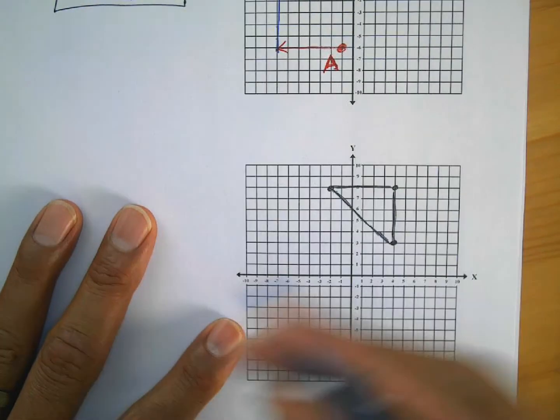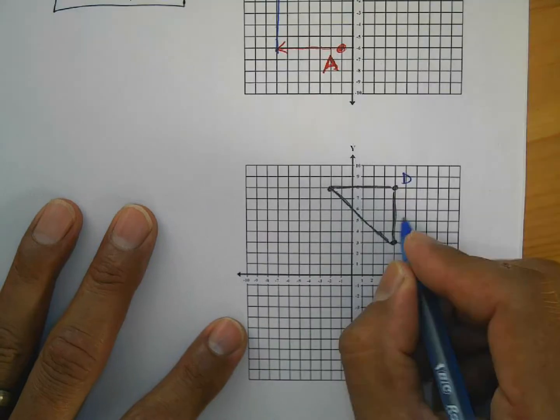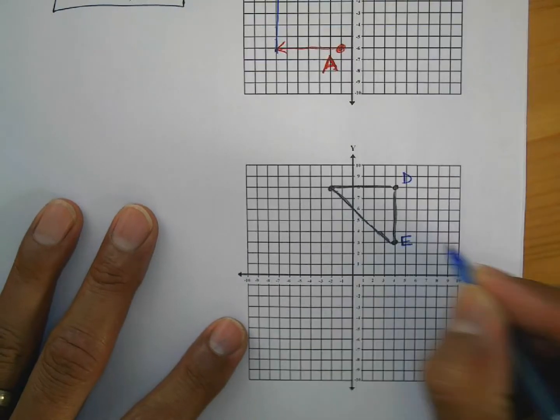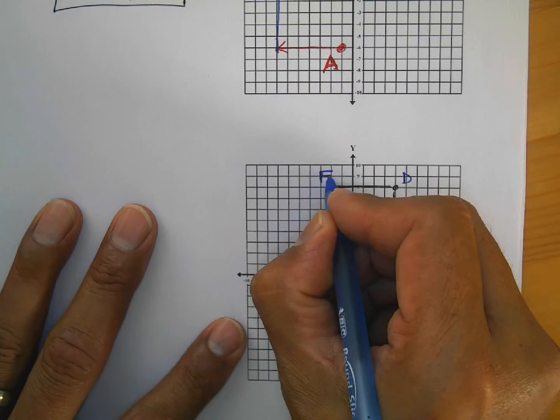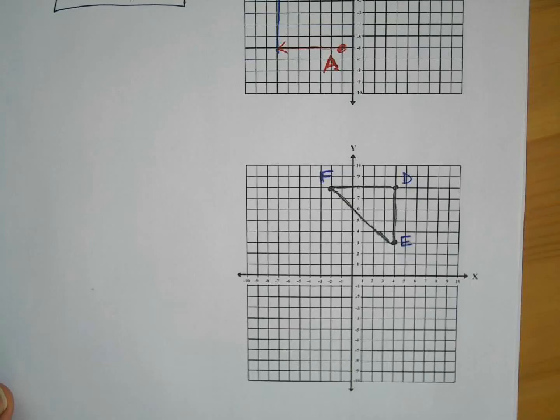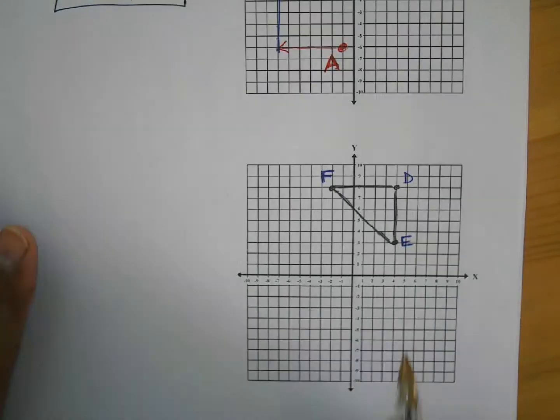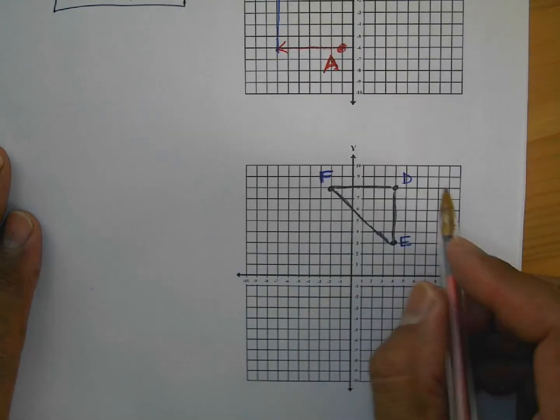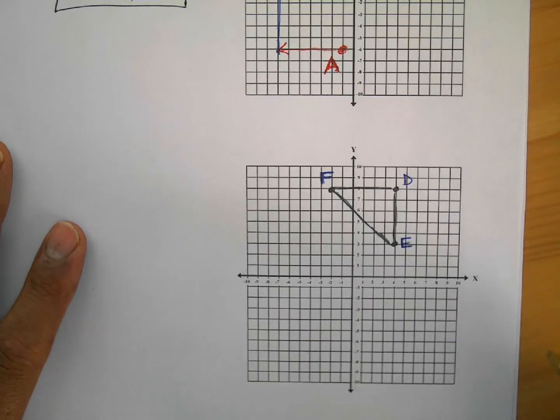And let me just change the letters up. So this will be D, E, F. And let's say they have another one that's already been translated.